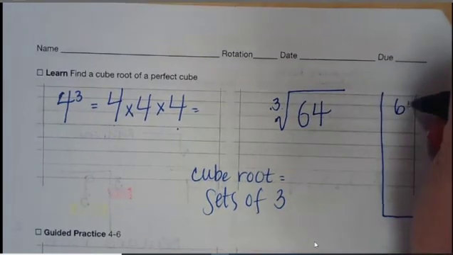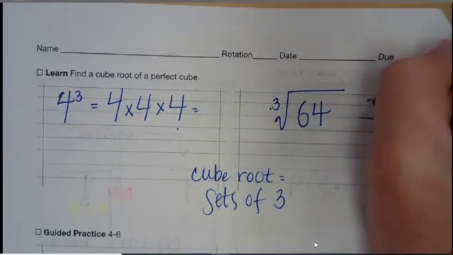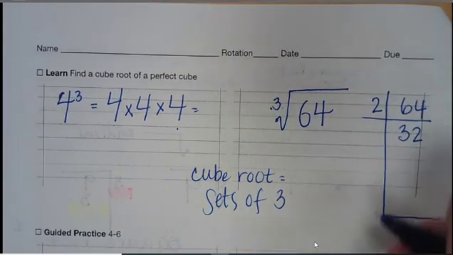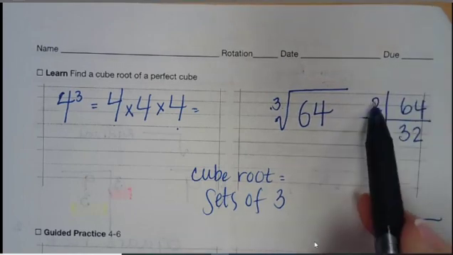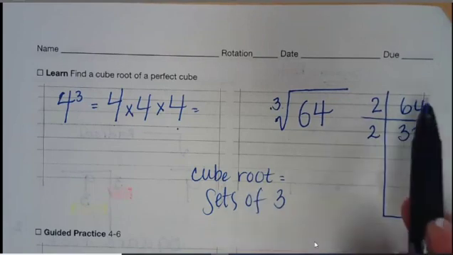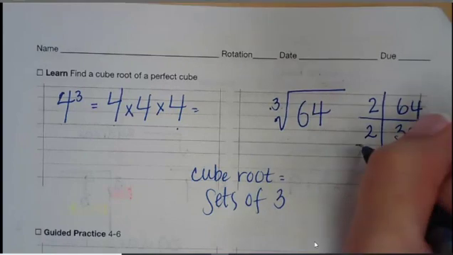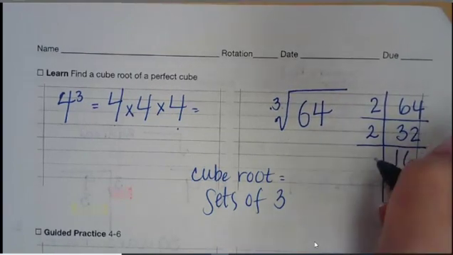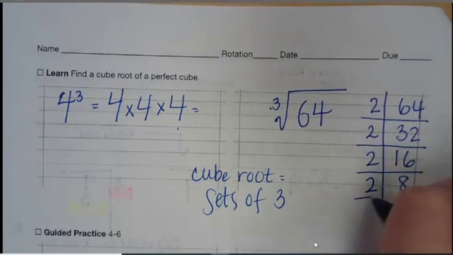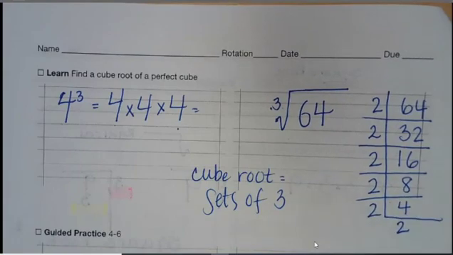So we're going to find the prime factorization chart again. Again, if you need to draw the lines to keep yourself in line, you can. And then on these, instead of sets of 2, if you can divide by 2 once, if you're looking for the cube root, if you've done it correctly, you should have a 2 3 different times, and possibly more.